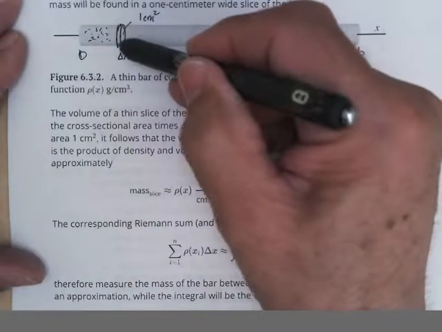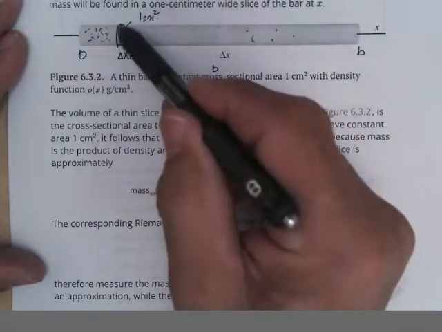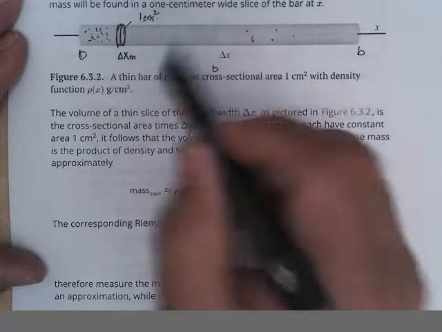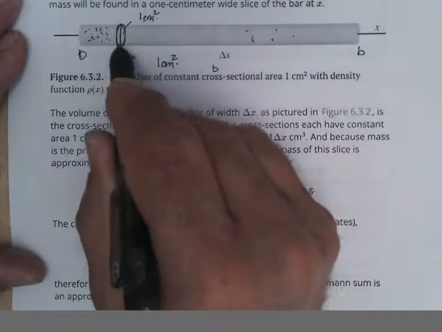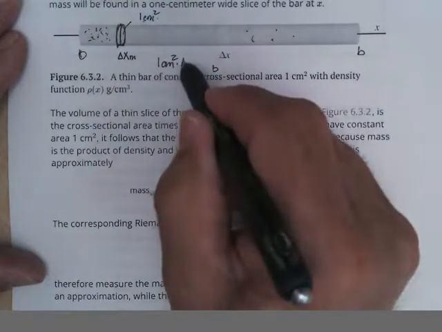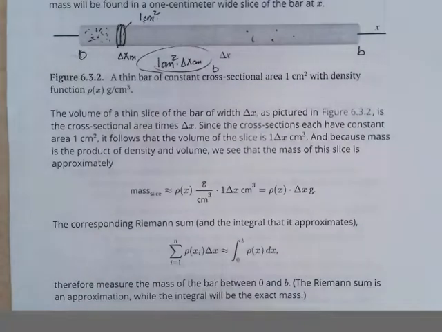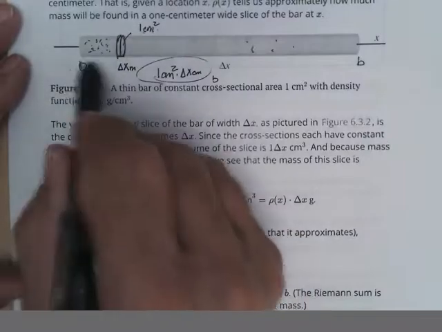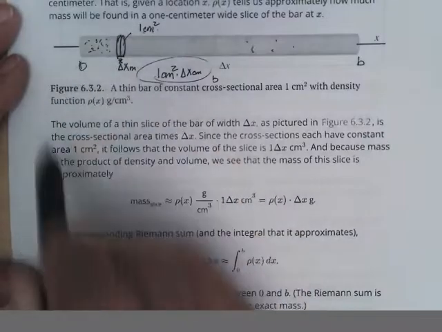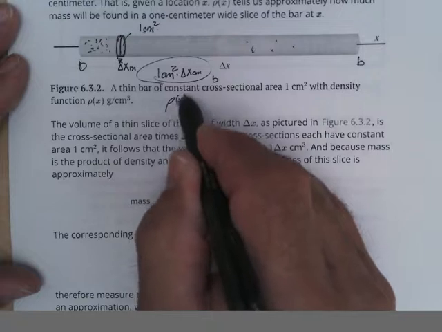And if the cross-sectional area is 1 centimeter squared and the delta x is in centimeters, if you take the area of the base, the cross-sectional area, times the height of that, which would be delta x in centimeters, you get an expression for the volume of that little slice. And if it's over at x, the density there would be rho of x.